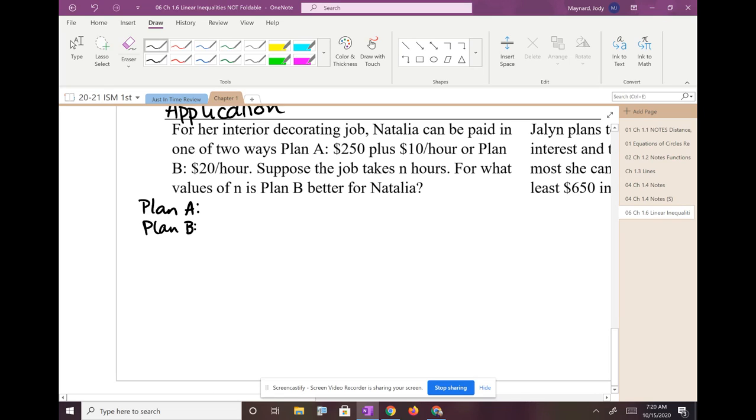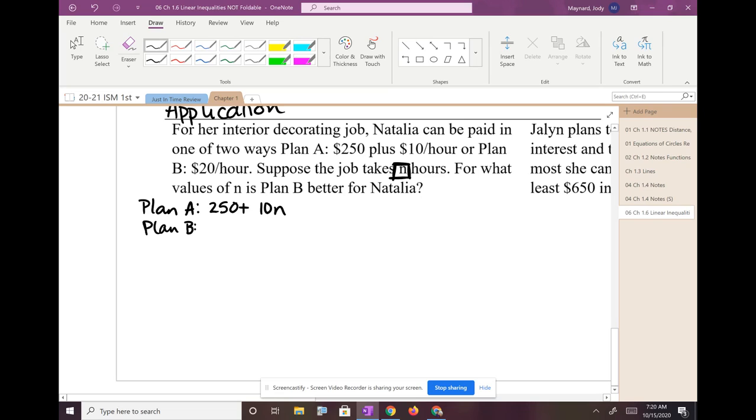It literally says plus, so we say $250 plus $10 per hour. So if you make per hour, you would multiply by the number of hours you work. So this is $10 per hour, times the number of hours. So this is 10 times n.